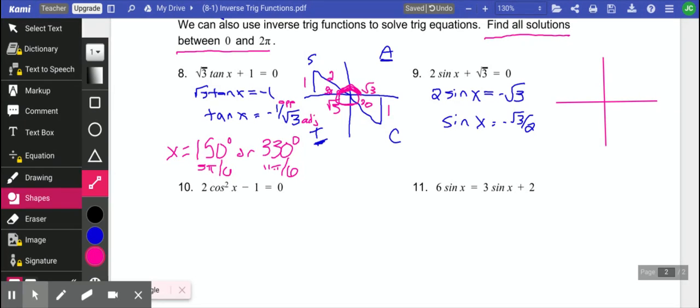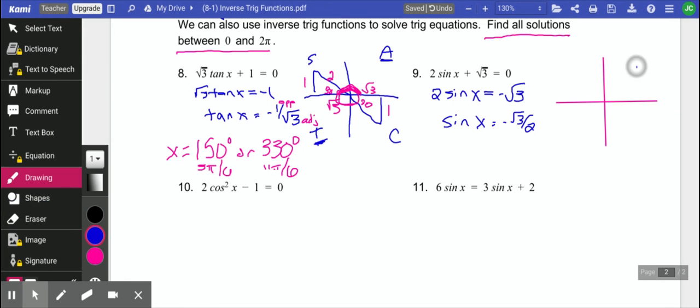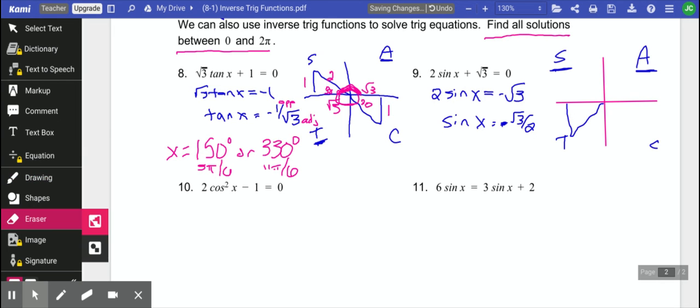Okay. So we're going to go back to all students take classes. They're all positive in the first quadrant, and sine is positive in the second quadrant. We have a negative sign, so that means we have to be in these 2 quadrants. So let's do that with a line because that was terrible.